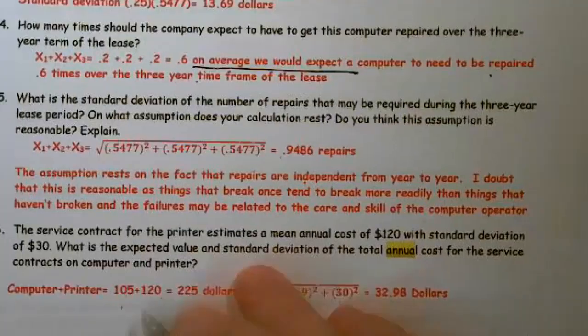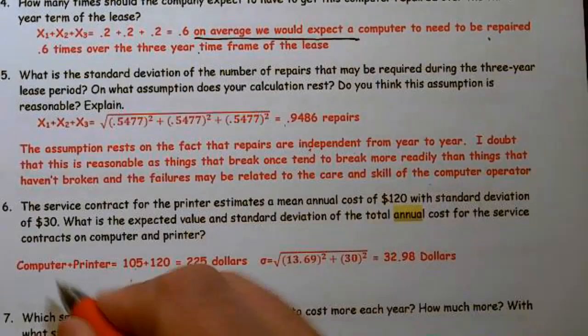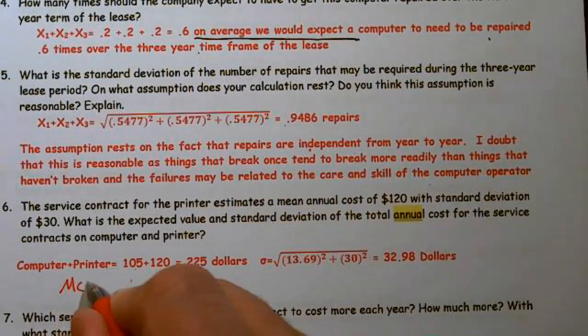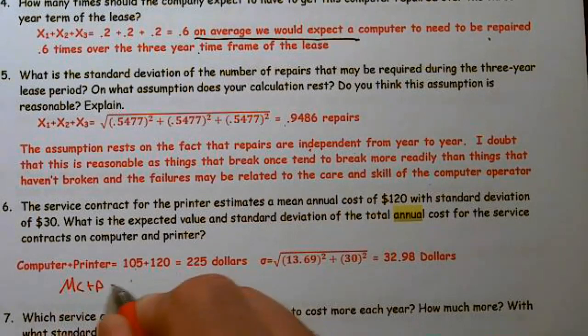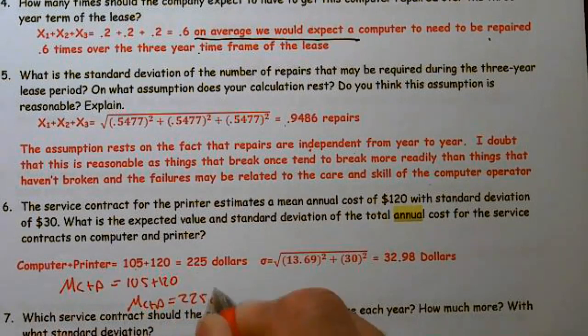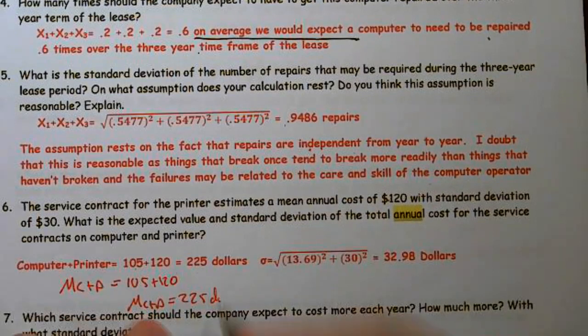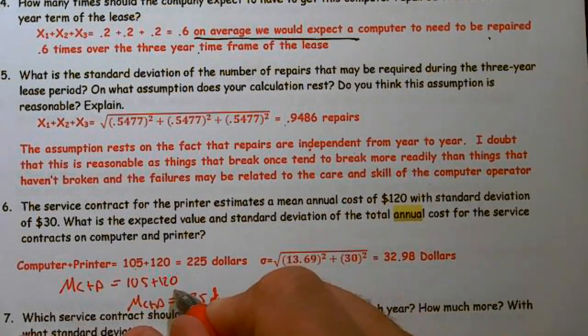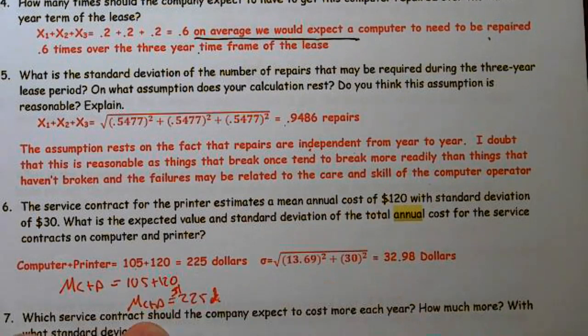And basically, if I wanted to use a symbol, I could say the mean of the computer plus printer equals 105 plus 120. So the mean of the computer plus printer equals $225. And what that really means is on average, we'd expect to pay $225 total for the printer and computer costs.